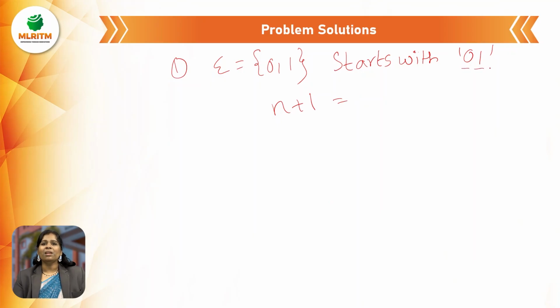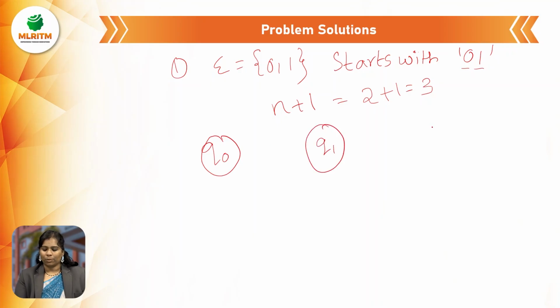They gave the condition starts with 01, so how many digits are there? 2. So n plus 1 is 2 plus 1, which equals 3. And how many states do we have? 3 states: Q0, Q1 and Q2.